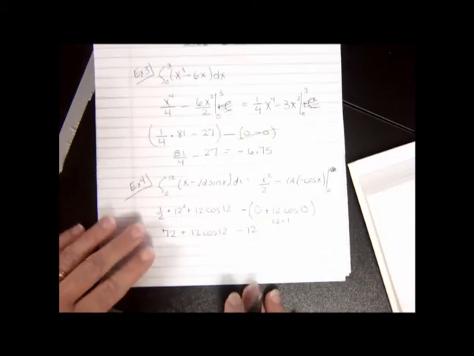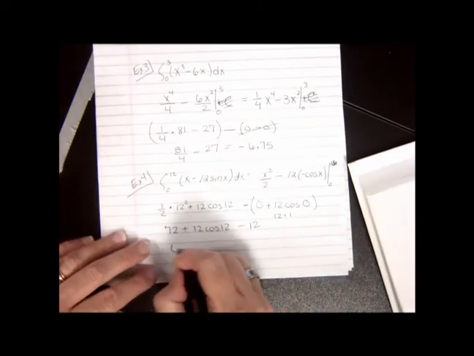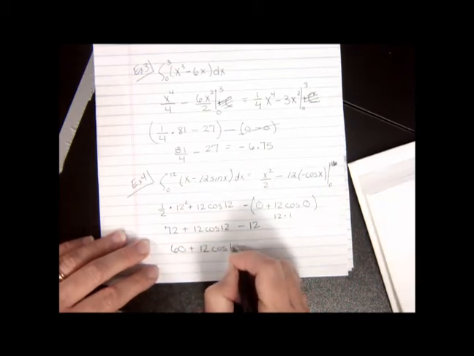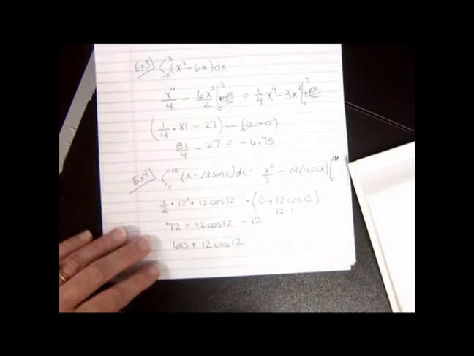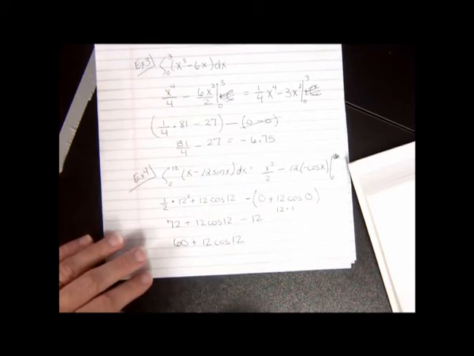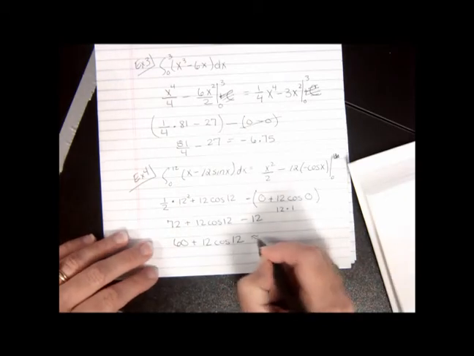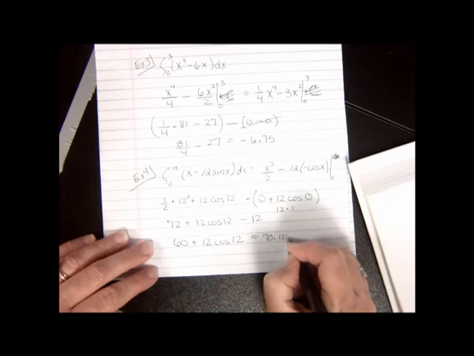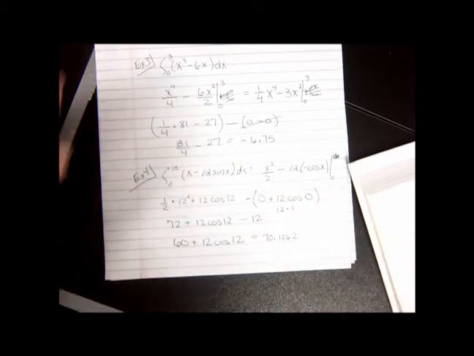So that will be 60 plus 12 cosine of 12. And that's it. So we can do our decimal if we want to put this in our calculator. We would get approximately 70.1262. All right.